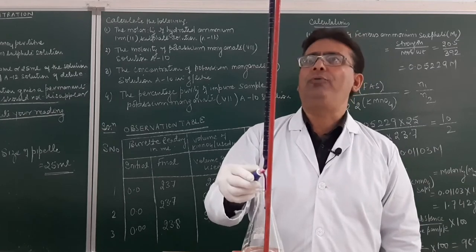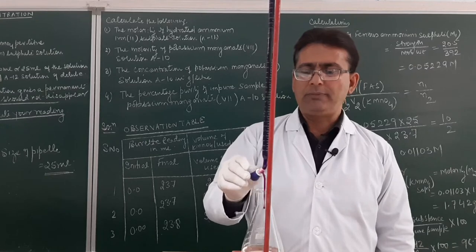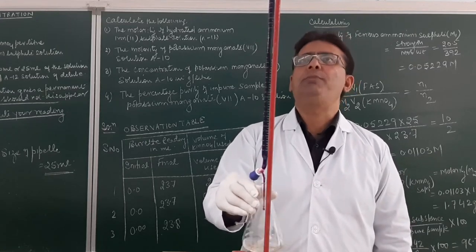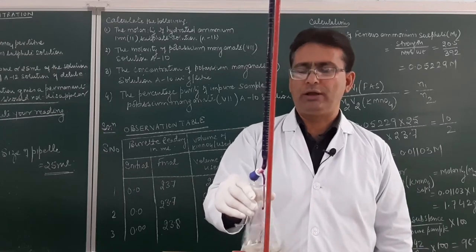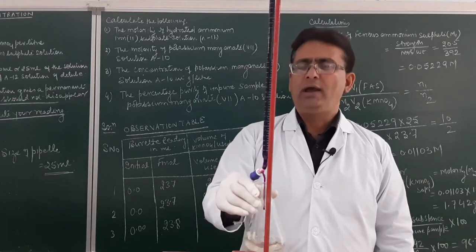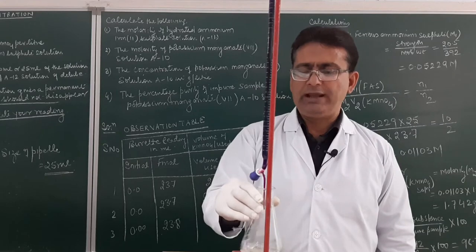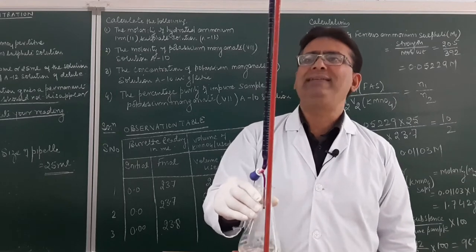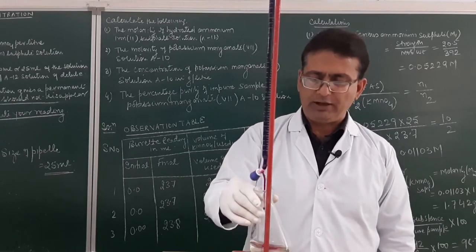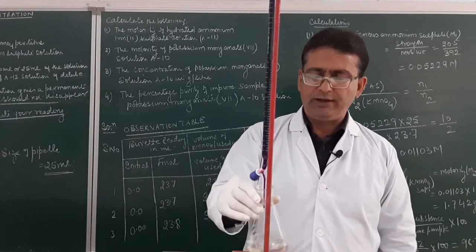Keep on adding KMnO4 solution with constant stirring till the persistent pink color is obtained. At one stage, you will definitely obtain the persistent pink color. Whensoever it is obtained, that will indicate the end point of the titration.